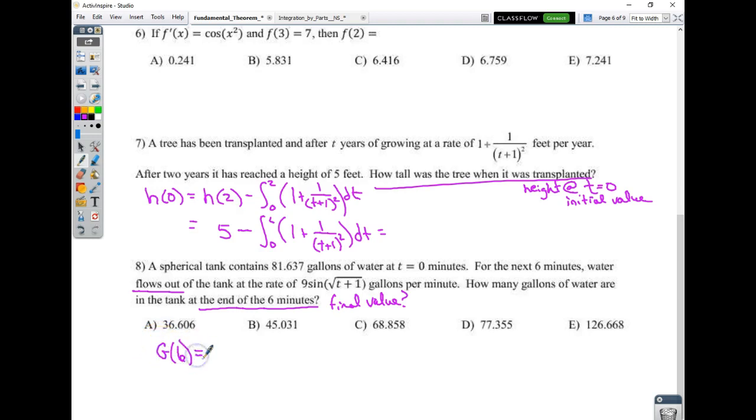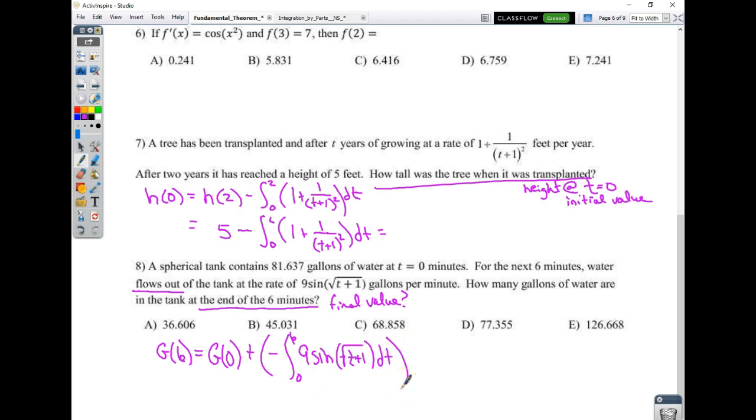Gallons at 6 is going to equal the number of gallons we have at 0, but now we have to be careful. It's normally plus, but remember that this is an outflow, so this is actually a negative integral from 0 to 6 of 9 sine of the square root of (t plus 1) dt.